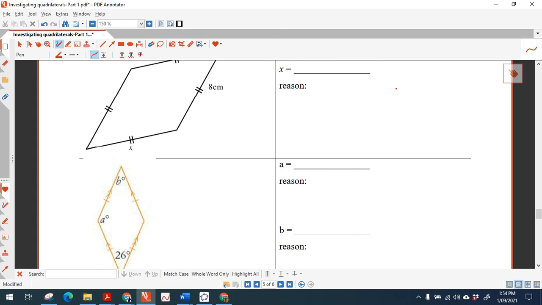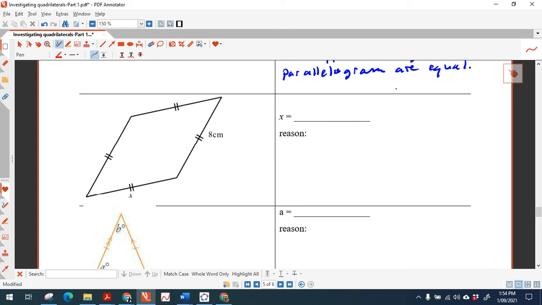All right, now let's have a look at the next one. So what kind of shape is this? We've got all sides equal, so it must be a rhombus. We've got to find out what x is equal to. And we know that for a rhombus, all sides are equal. So we're just going to write down x equals 8 centimeters.